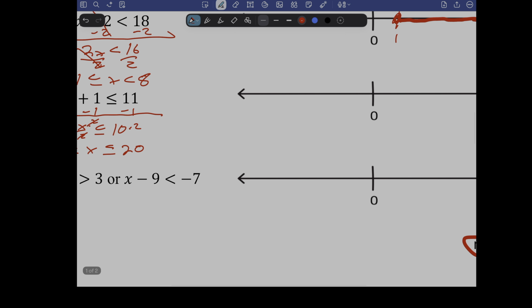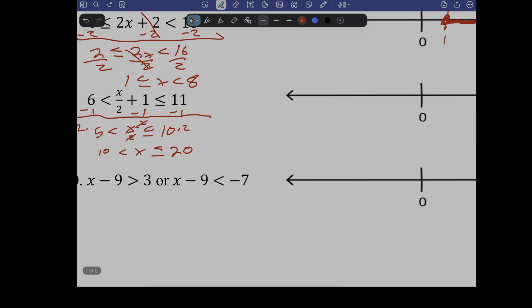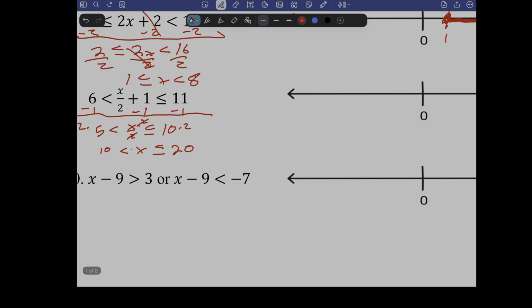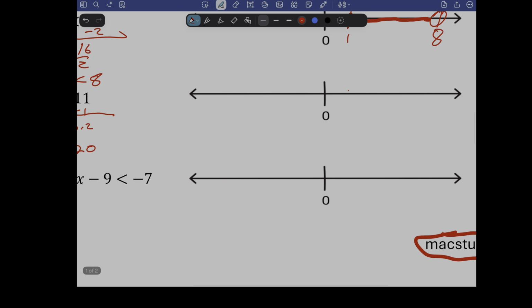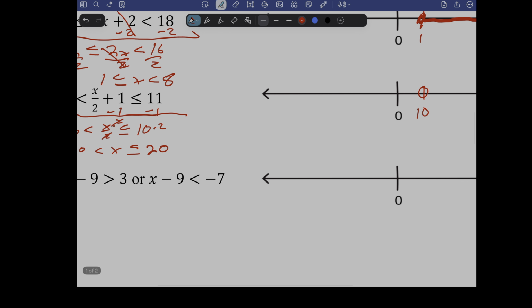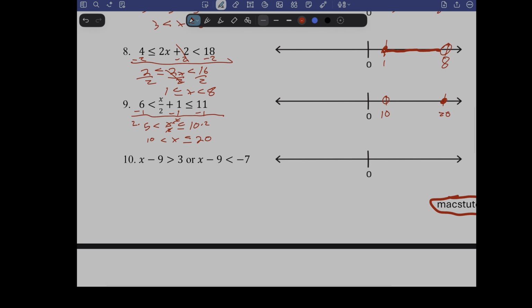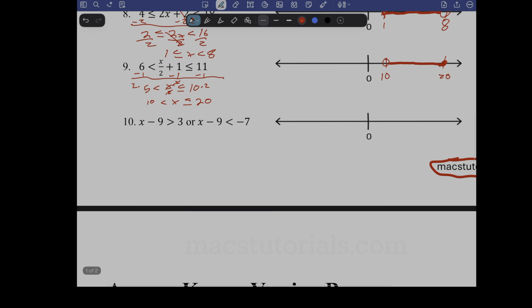So it's going to be in between 10 and 20. The 10 will have a hole, and the 20 will have a dot. And because the x is in between, it'll look like an in-betweener. Boom.